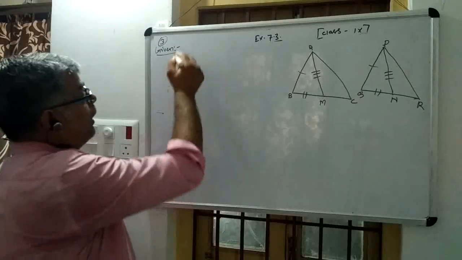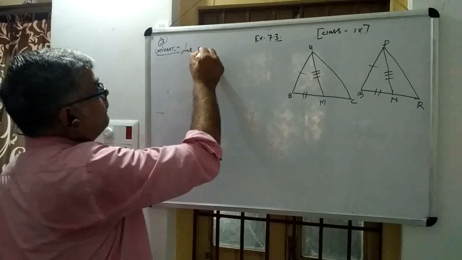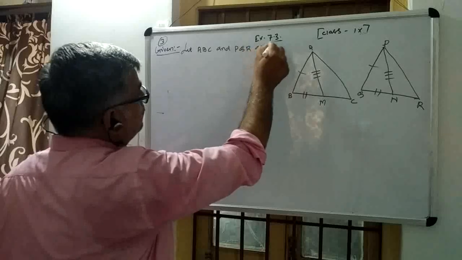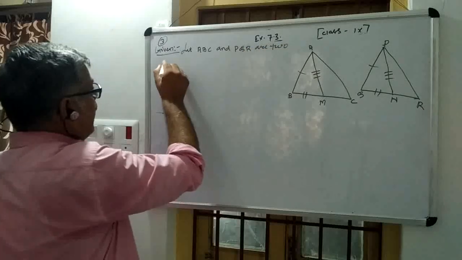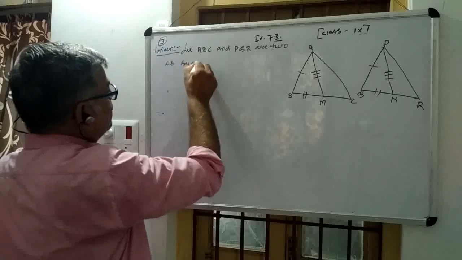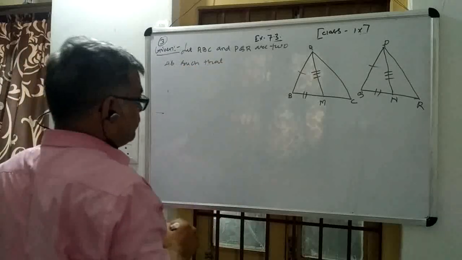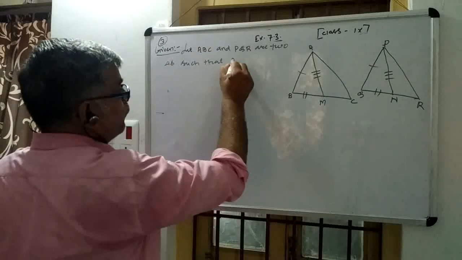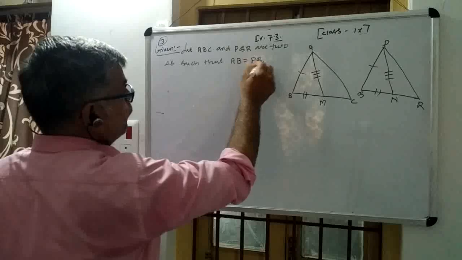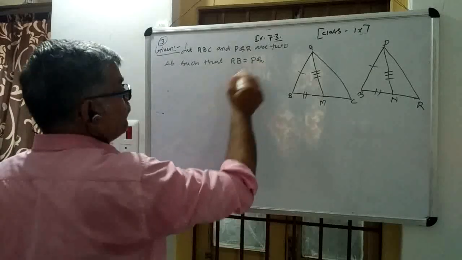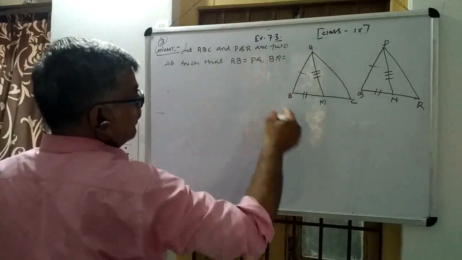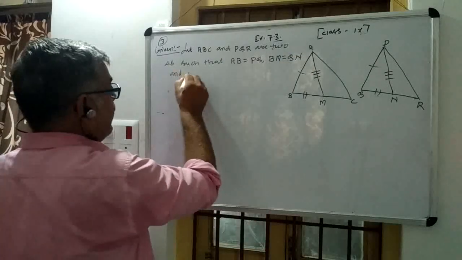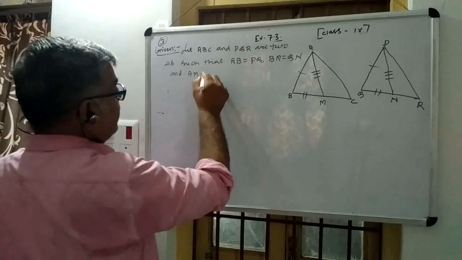Let ABC and PQR be two triangles such that AB equals PQ, BM equals QN, and AM equals PN.